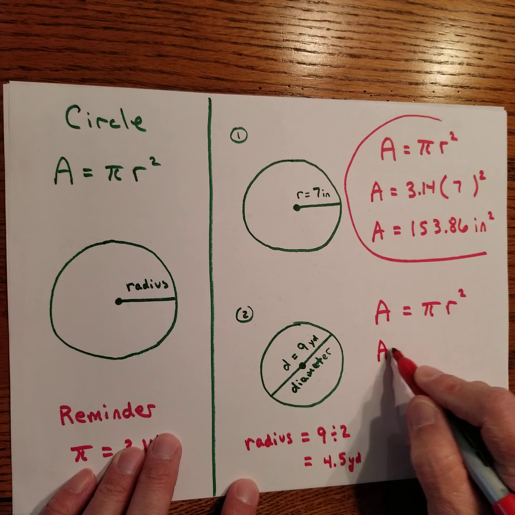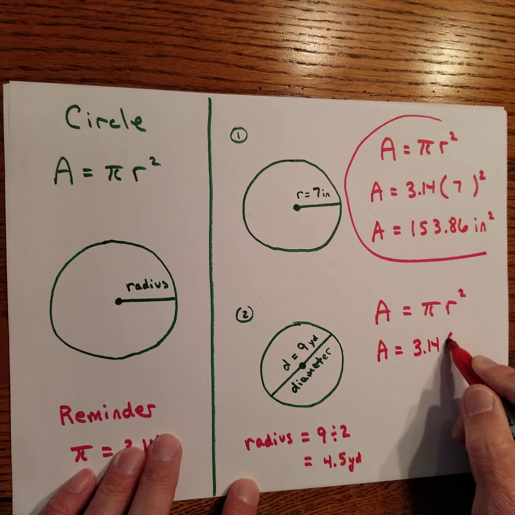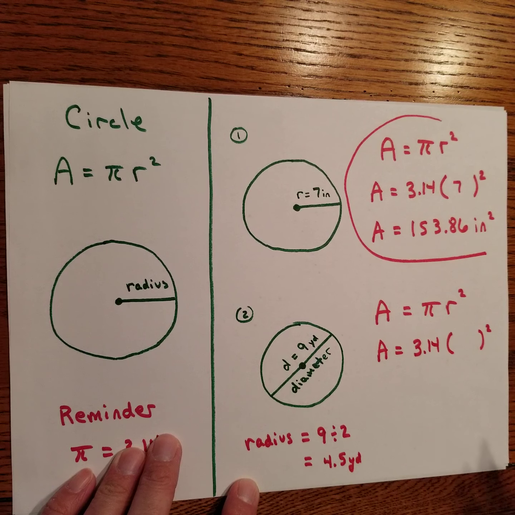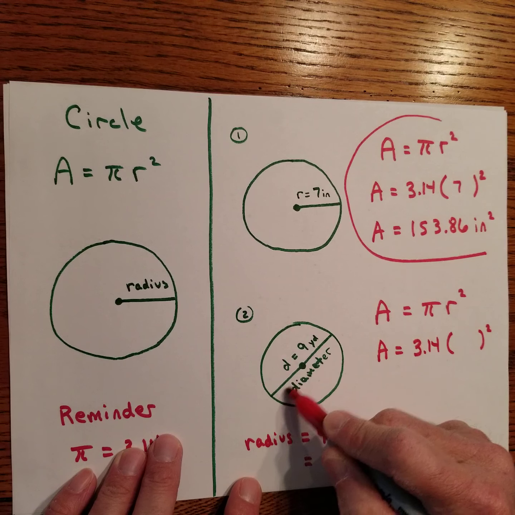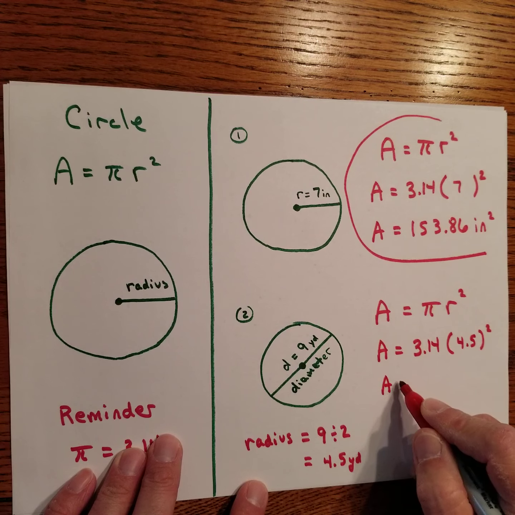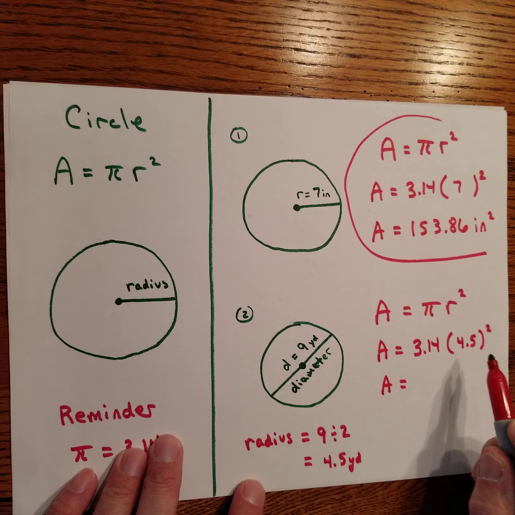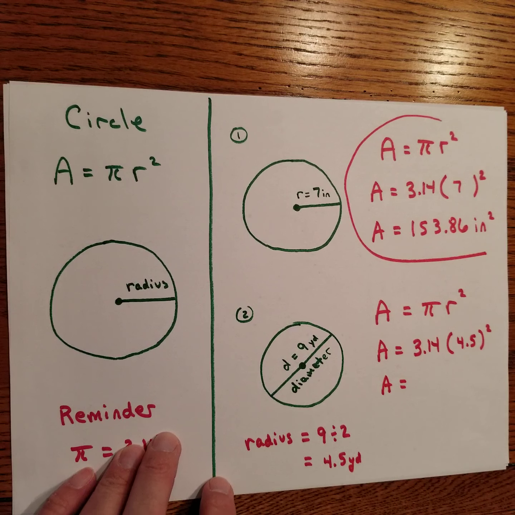Now I'm ready for my area problem. Area is pi r squared, where my radius I know is half of 9, that's 4.5. On my calculator, I'll go 4.5 times 4.5 times 3.14.